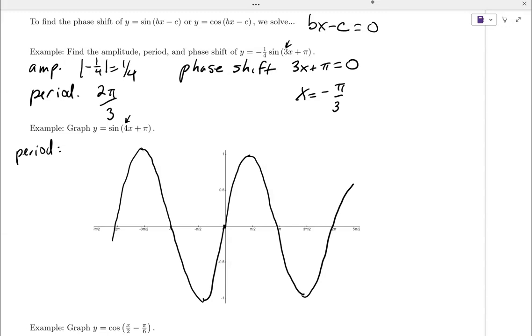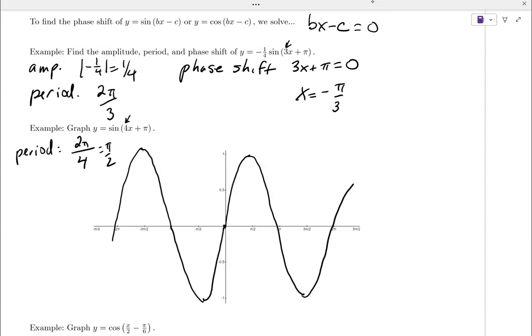What are we going to divide by 4? What number do we divide by 4? What do the periods start out to be? 2 pi, and then if you simplify, what do we get? That's where the pi over 2 comes from.